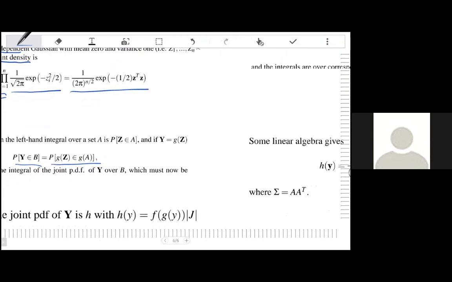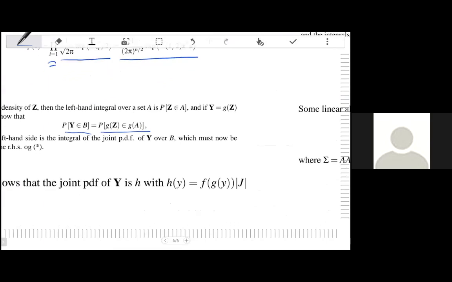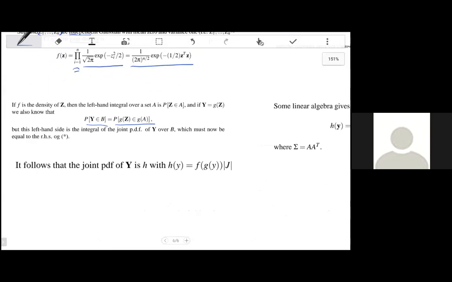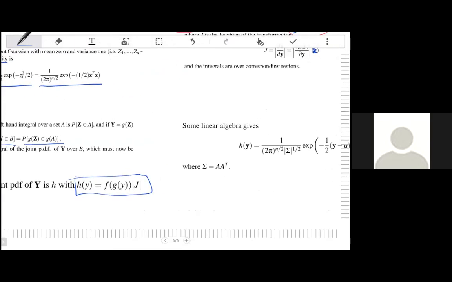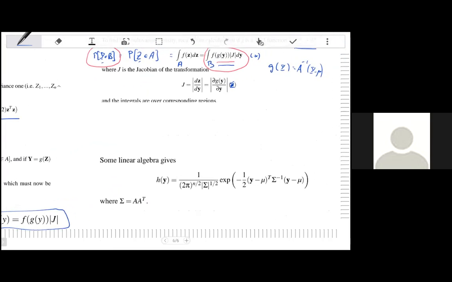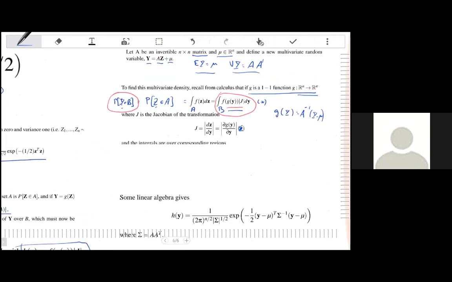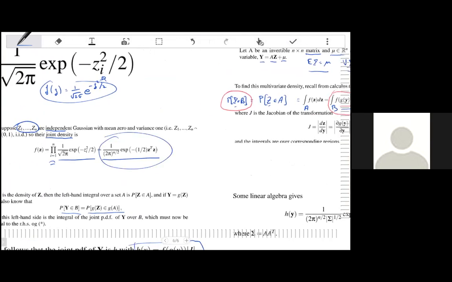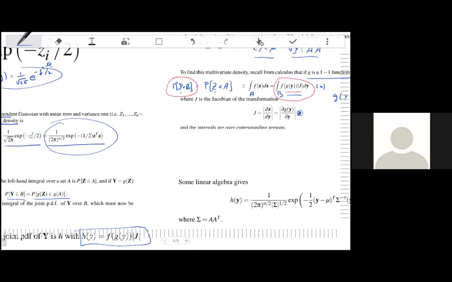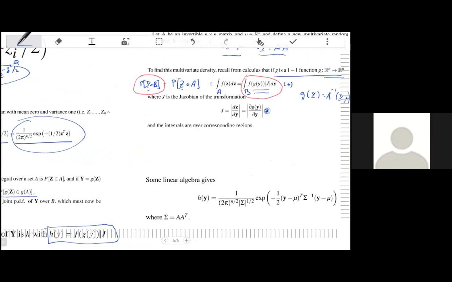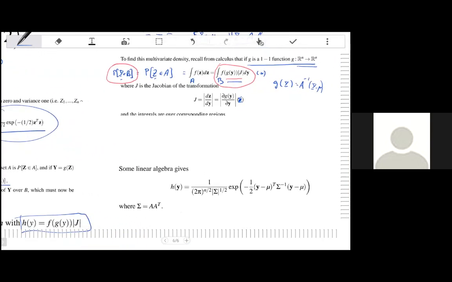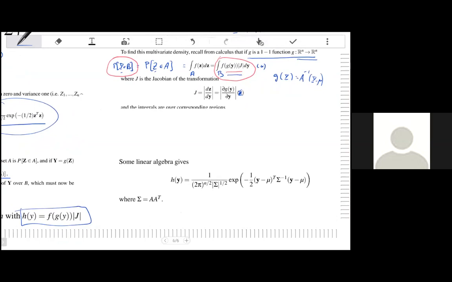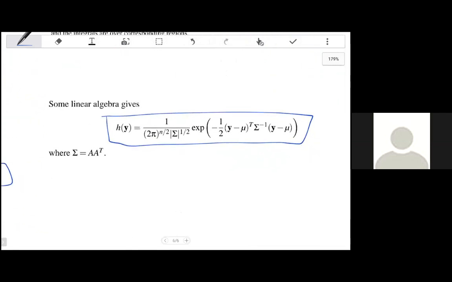So for this general transformation, this is the density, and now we just need to solve with a little bit of linear algebra, figure out what this is. We need to go from this quantity, figure out the Jacobian. The Jacobian is just the matrix, and then convert the two. And we then find that the density of y is equal to this quantity. And you'll notice what happens here.